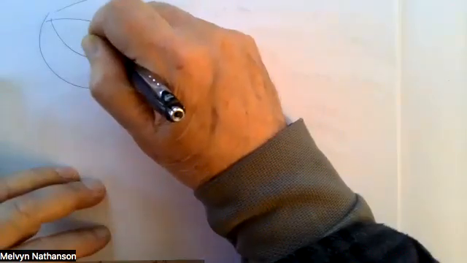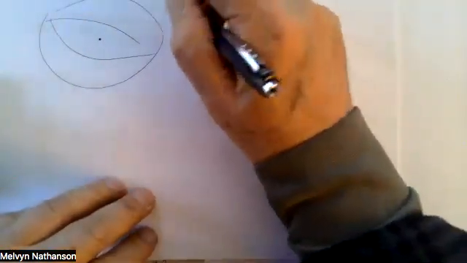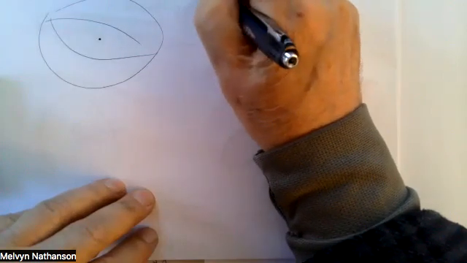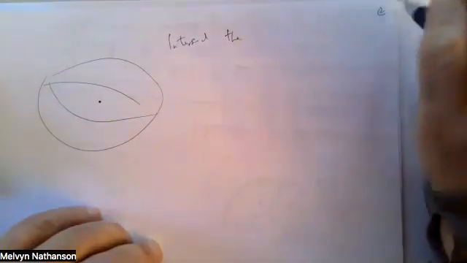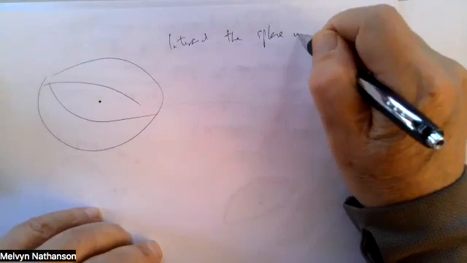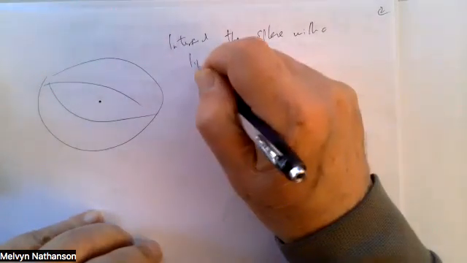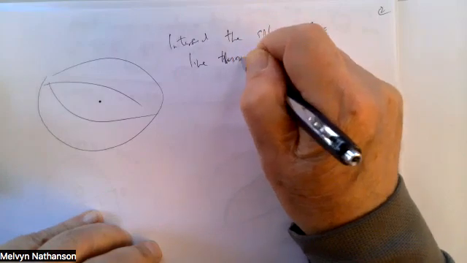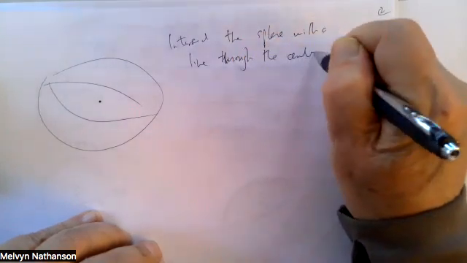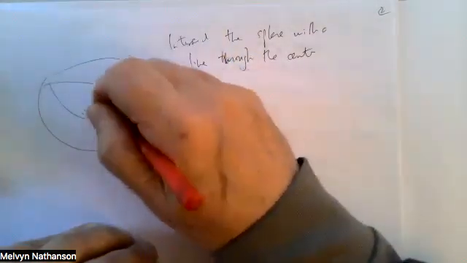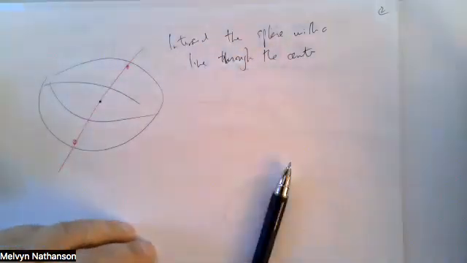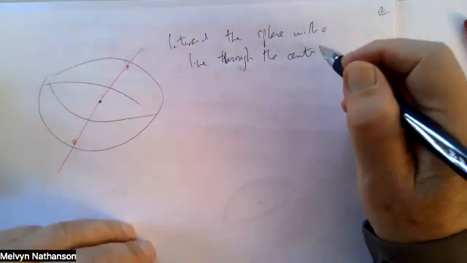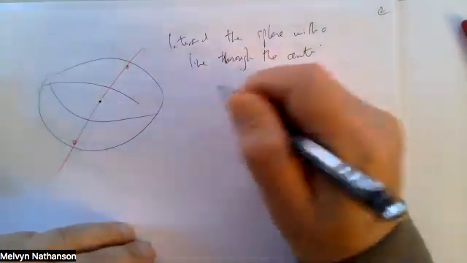Now, if you have your sphere with the center and you intersect the sphere with a line through the center, if you have a line that goes through the center of the sphere, it's going to intersect the sphere at 2 points.